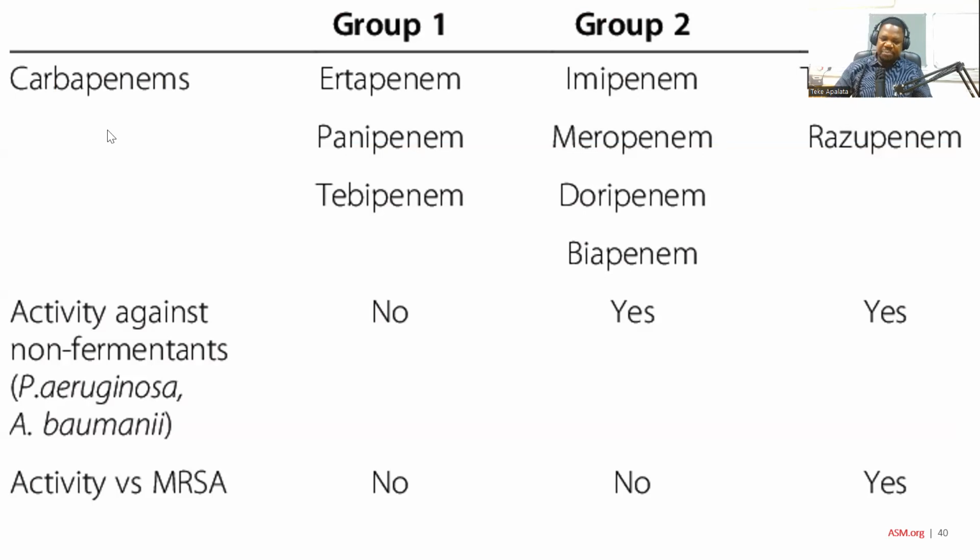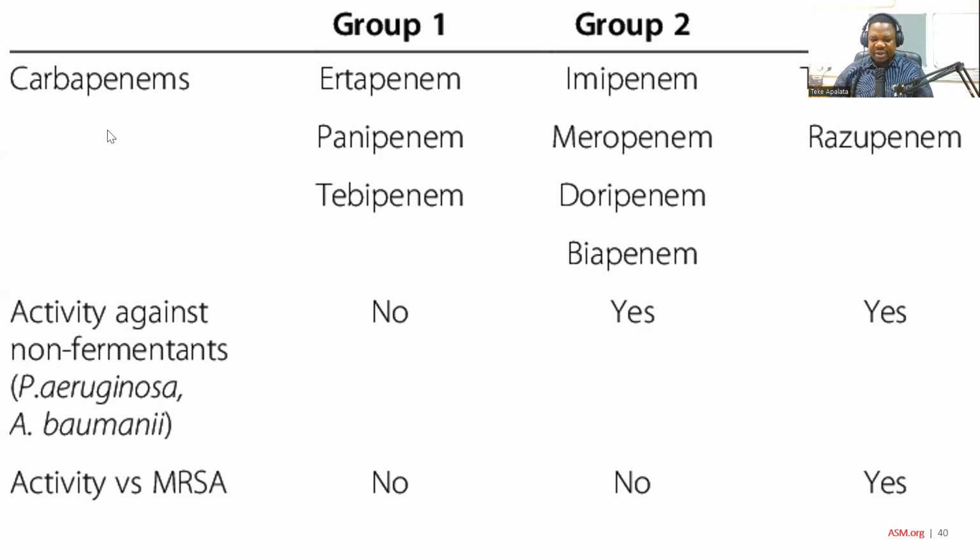We know that they have a broad spectrum of activity against gram-positive and gram-negative. But the group 1 carbapenems don't have activity against non-fermenter gram-negative bacteria like Pseudomonas aeruginosa and Acinetobacter baumannii.